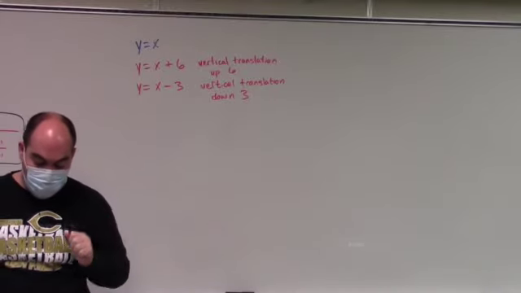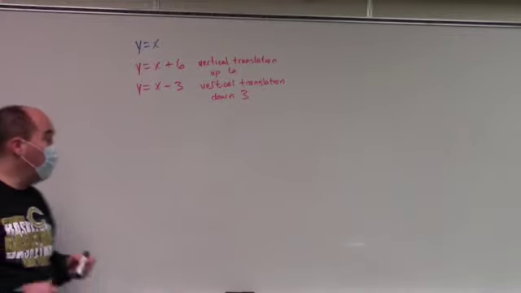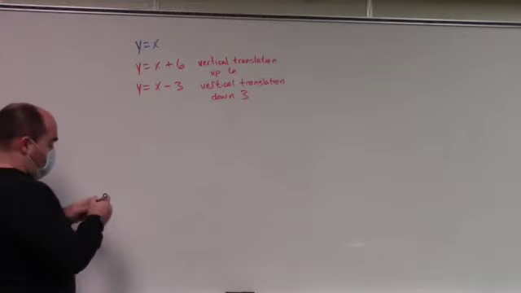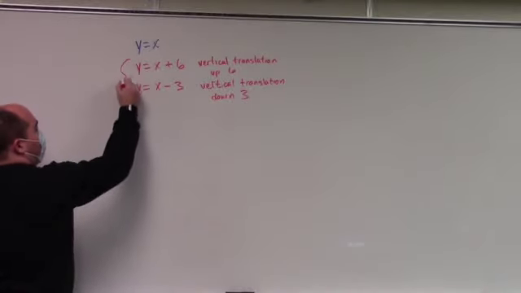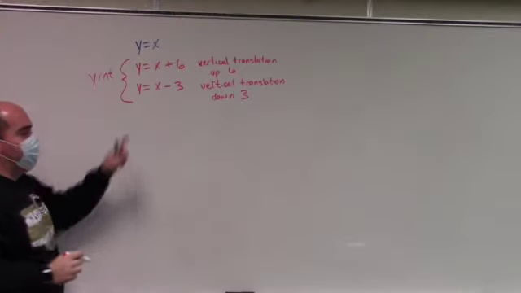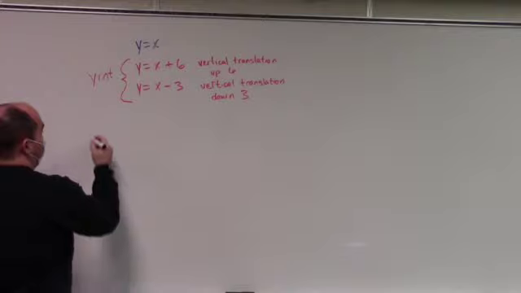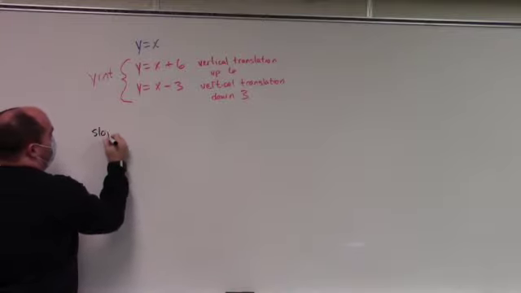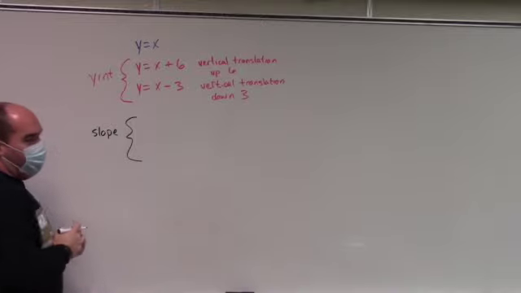Alright, now, what is it we changed right here? The y-intercept. Right. So if we're changing the y-intercept, that means you're going to have a translation, either up or down.